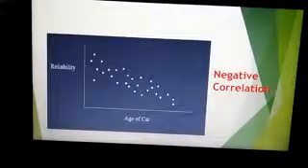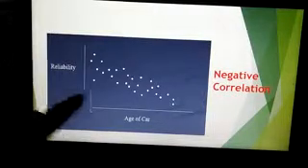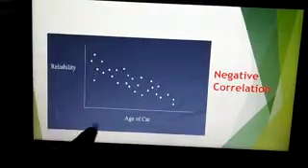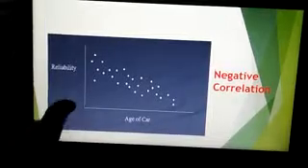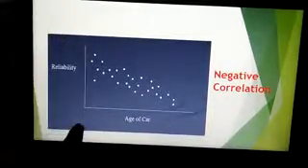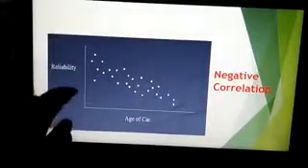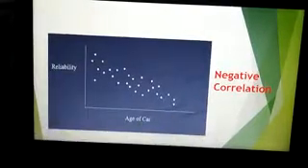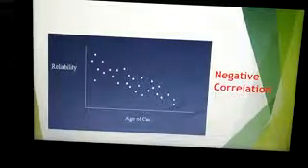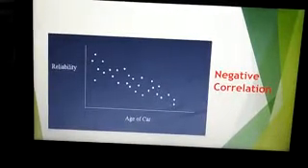Here we also have the negative correlation. Take a look at here. The x-axis is decreasing but the y-axis is increasing, or the y-axis is decreasing but the x-axis is increasing. So the reliability of a car decreases versus the age of the car.